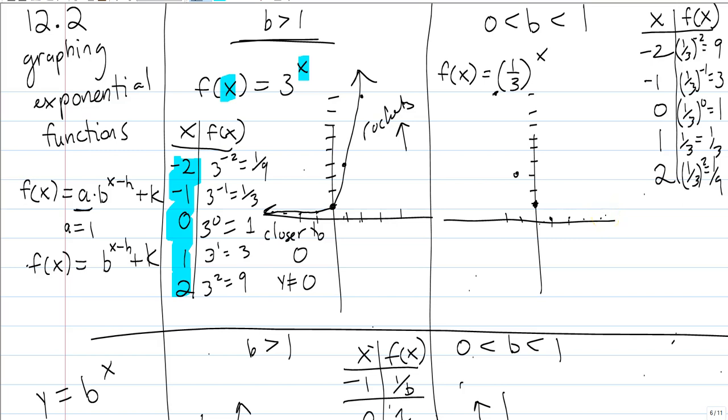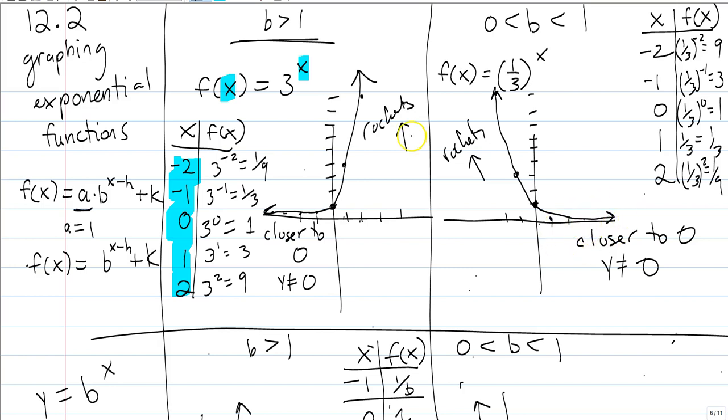The idea is this time, as it goes to the left, it rockets up. And as it goes to the right, it gets closer and closer to 0. In fact, y still will not equal 0 here. It has an asymptote. So if I am multiplying by large numbers, it rockets up. If I'm multiplying by fractions, it gets closer to 0.